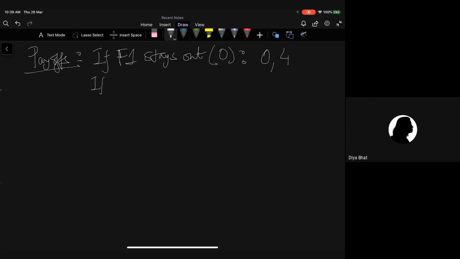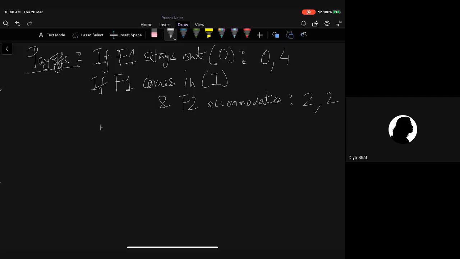However, if firm 1 comes in, which we'll refer to as I, and if firm 2 accommodates, then the payoff is 2, 2. They share the payoff.